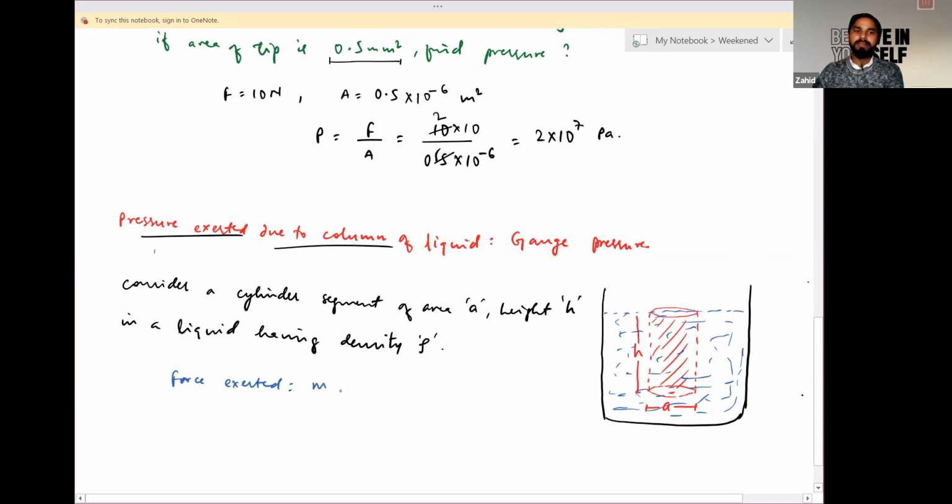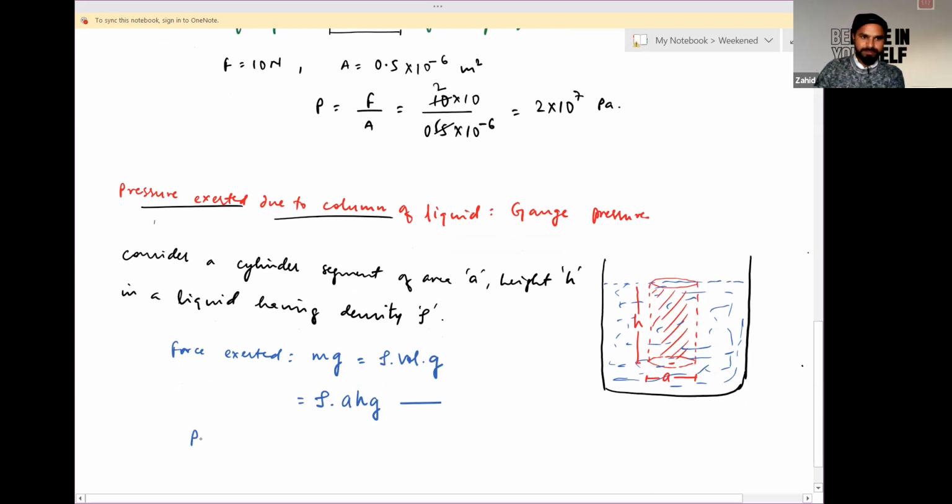So mass times gravity. Mass is density into volume. So rho into volume into gravity. Volume is area of cross section into height. So this will be the total force exerted by this hypothetical column of liquid.